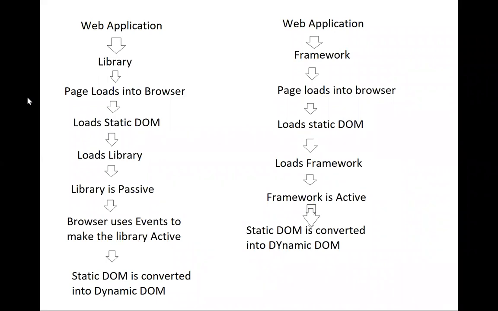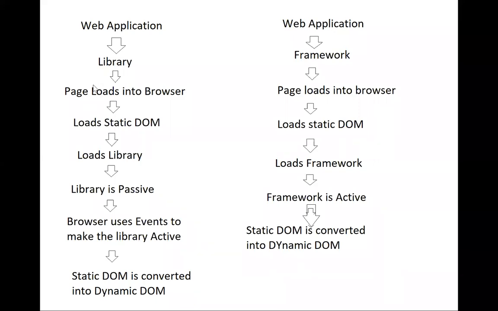But the main conceptual difference is that a library is for building an application, and a framework is for both building and controlling the application flow. A framework can do two things: build the application and control the application flow, whereas a library can only build the application.